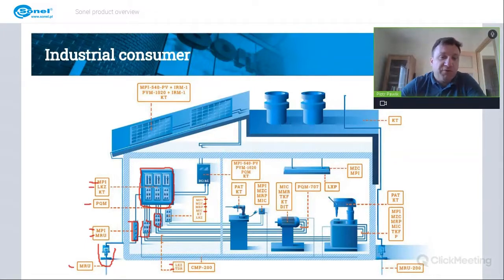Of course, we can also put PQM meters on different components of our network, because we can have some special parts in the installation, and we want to make sure that these parts of the system don't disturb our power quality.